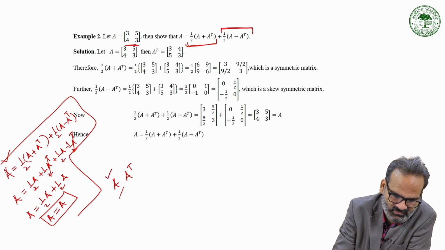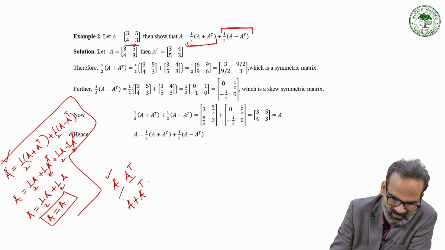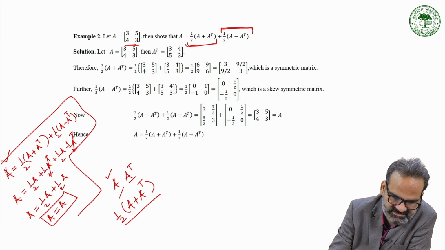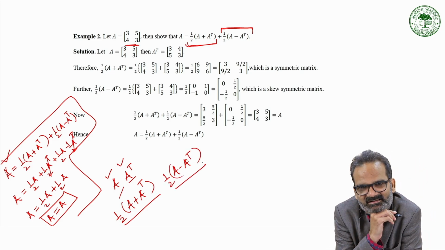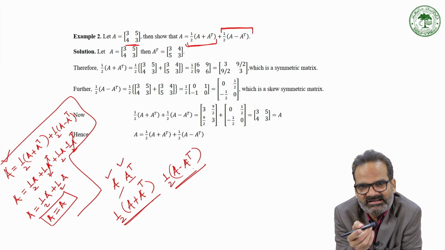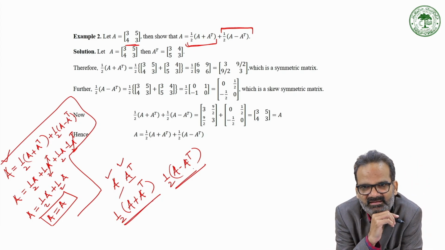Add up the two matrices, 1 upon 2 (A plus AT), and you will get part 1. Likewise, find A minus its transpose, and multiply by 1 upon 2, you will get the second part. Add up part 1 and part 2, you will get the matrix A itself, right?